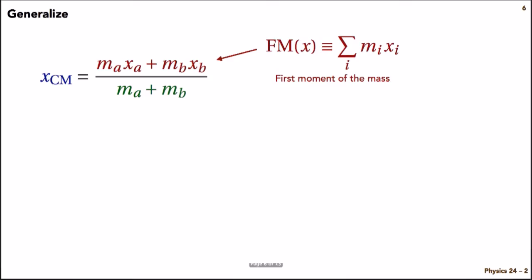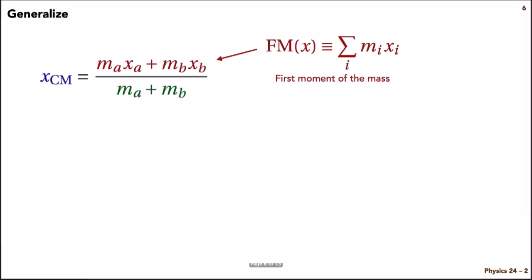I'm going to now make up a name for this weighted sum on the top. And if you did weighted averages before and you took some stats, you might know about moments. How many of you have seen moments? Nah, forget about that. All right, so it's just a definition.